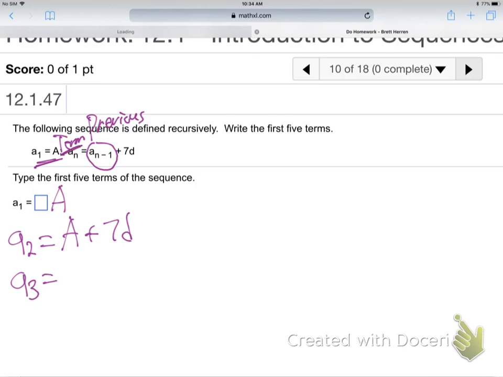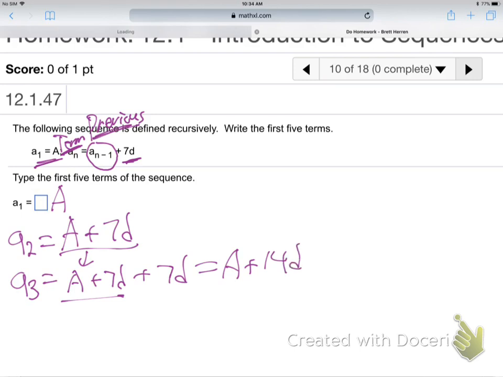Any term is the previous term plus 7D. So A sub 3 is the previous, what's the previous? This whole thing here. Plus another 7D. Right, it's previous plus 7D, which ends up being A plus 14D, doesn't it? We good there?